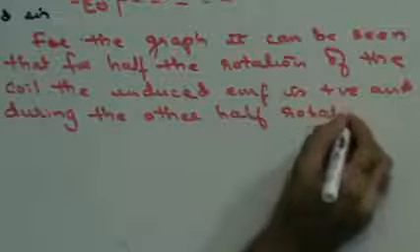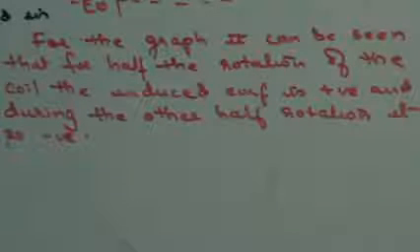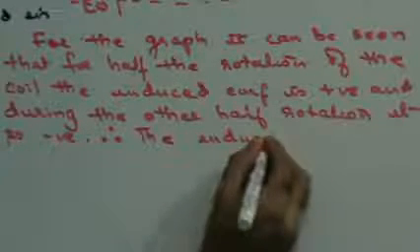So during the first half rotation it is positive and then it is negative. Therefore this is called an alternating EMF. Therefore I can say the induced EMF is called alternating EMF.